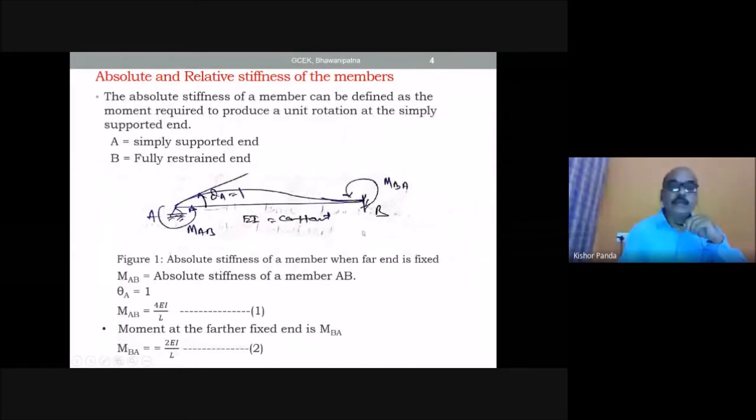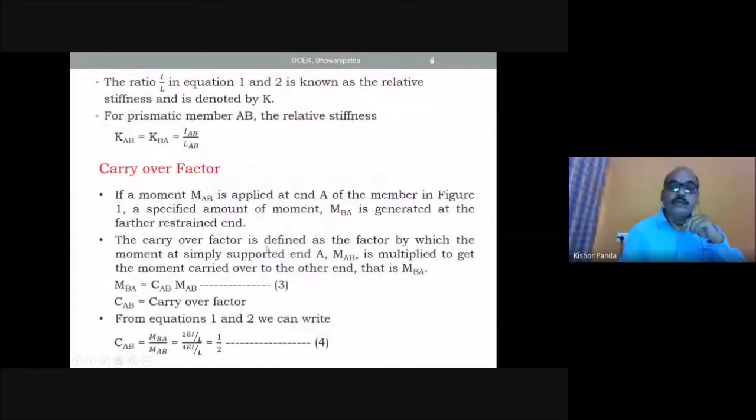The carryover factor is defined as the factor by which the moment at simply supported end A, M_AB, is multiplied to get the moment carried over to the other end, that is M_BA. So you multiply with M_AB and that moment will be carried over to the further end B. That is your M_BA.